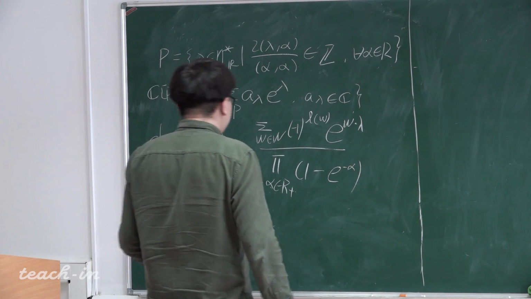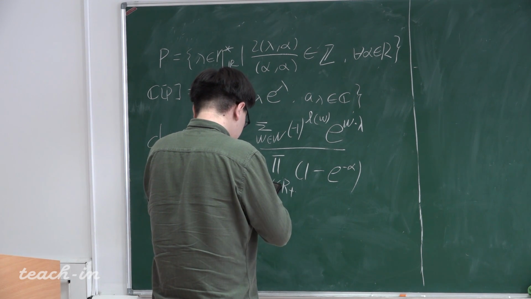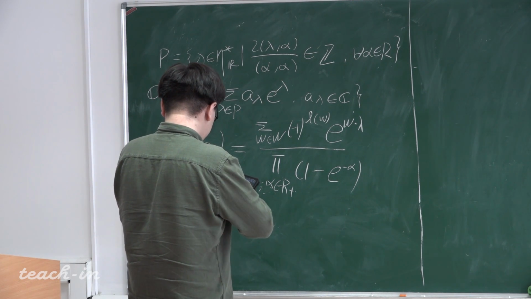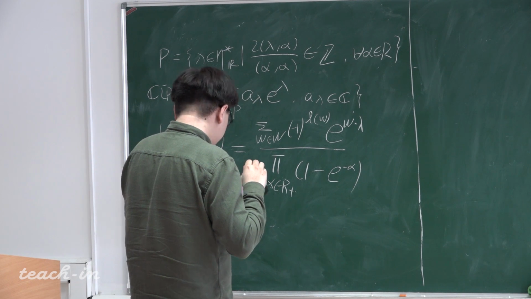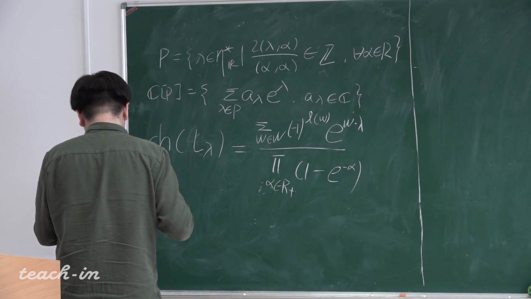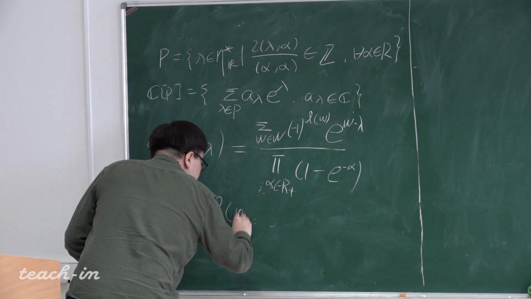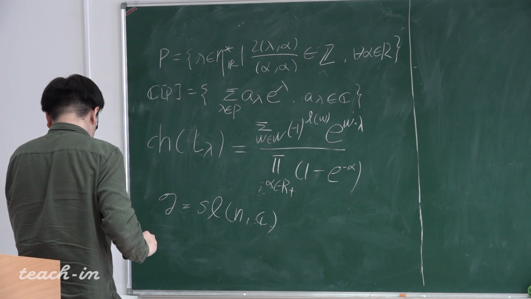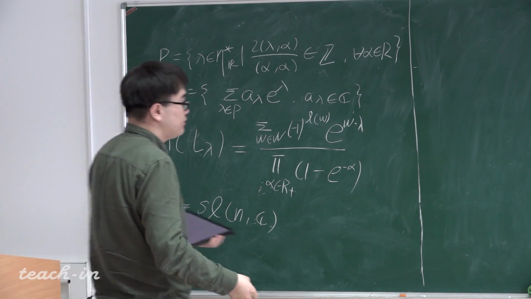Yeah, and I need to calculate the specific form for SL_n, so G is SL_n and lambda is just some random lambda.